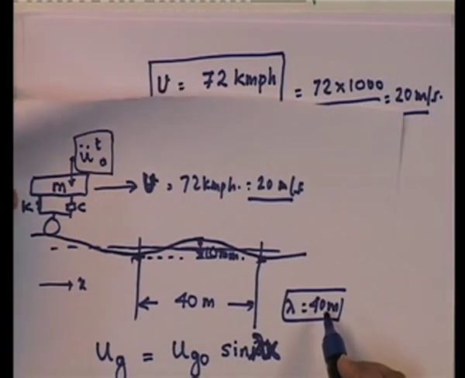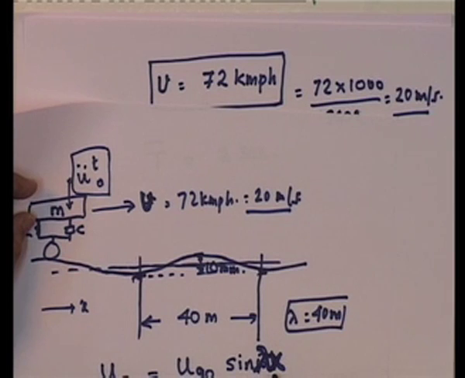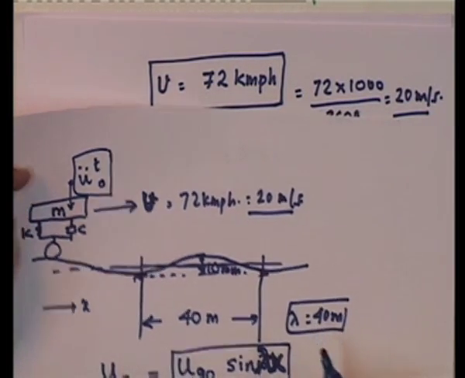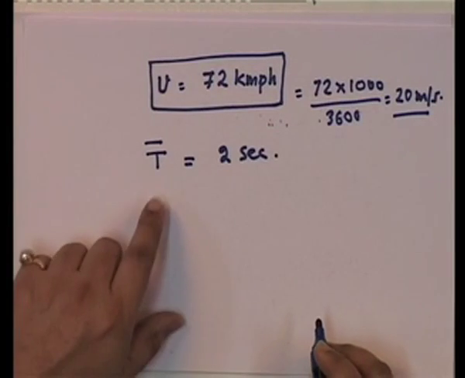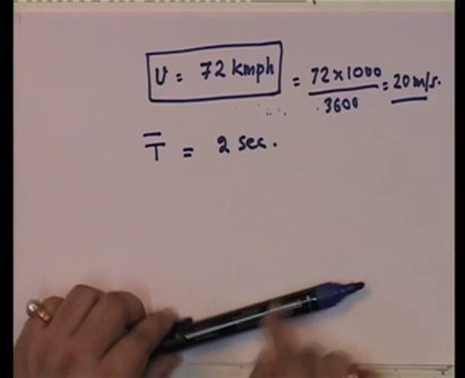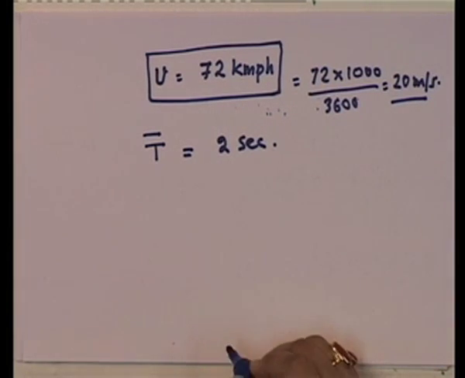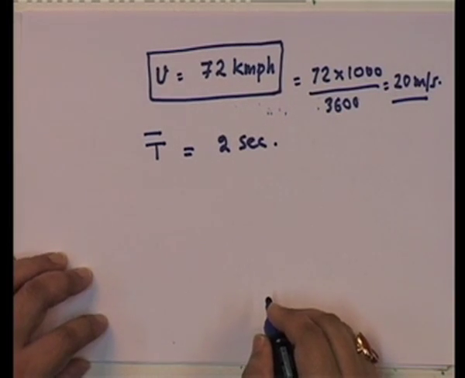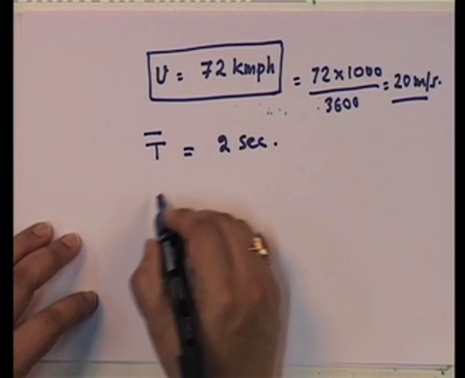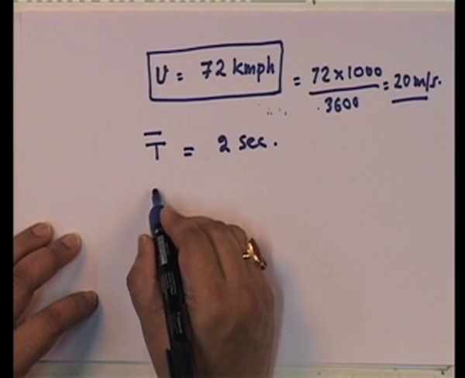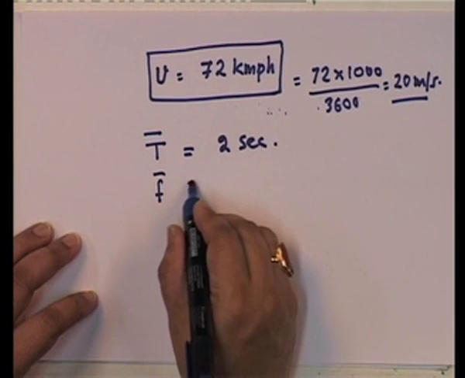So, in other words, what have we done? We have transformed this problem into a problem with omega bar t. And what is that equal to? Because we know that it is traveling at 20 meters per second, it takes 2 seconds. So, if it takes 2 seconds, what is the frequency?